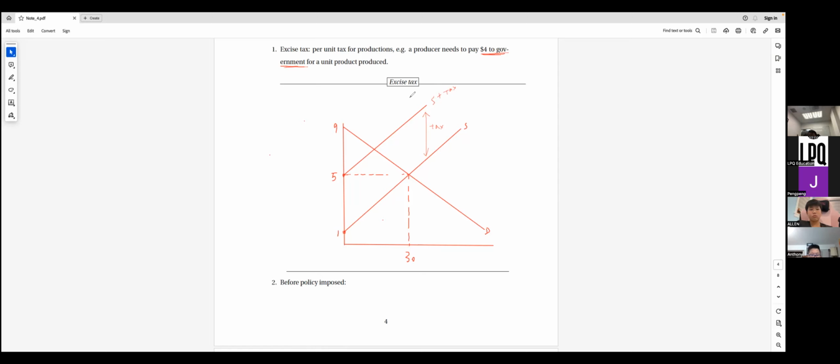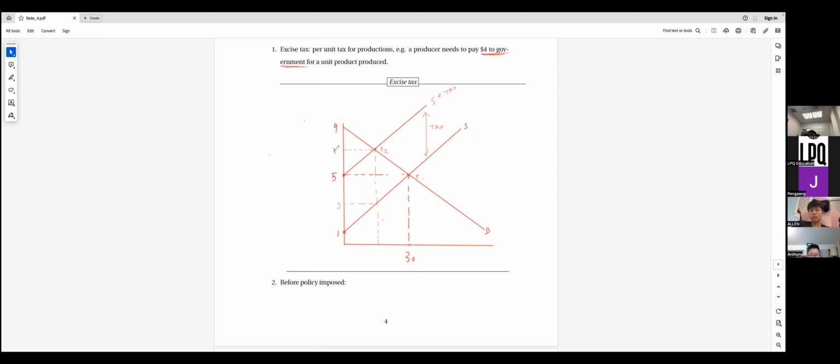Okay, and the next step, you label this one E1, the first equilibrium, and this one E2, the second equilibrium. So you find the corresponding price level here and the quantity here. We label this one by 7, and this one by 3.